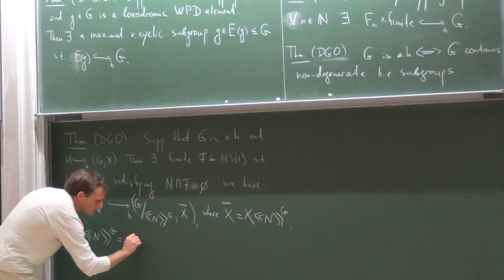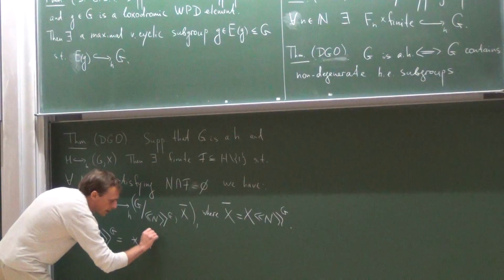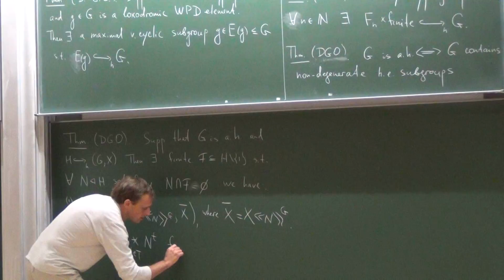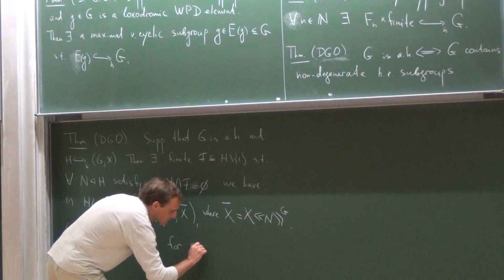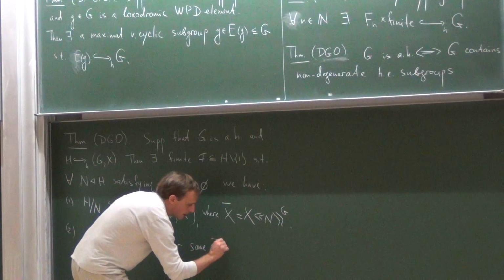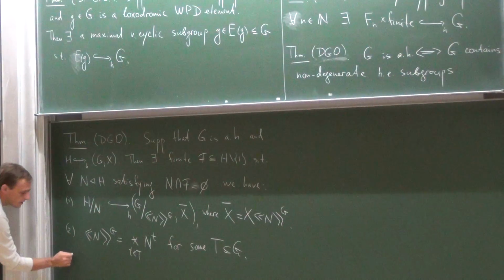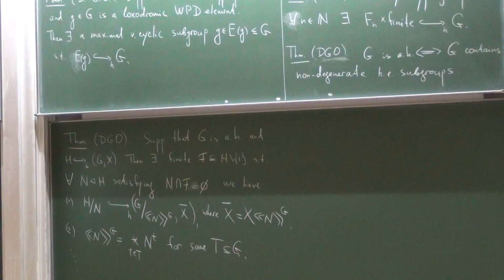It is a free product of conjugates of N for some choice of conjugating elements. And there are lots of other things. It's a long theorem which has probably 10 statements. So you can prove lots of other things, but I'm just going to talk about this.